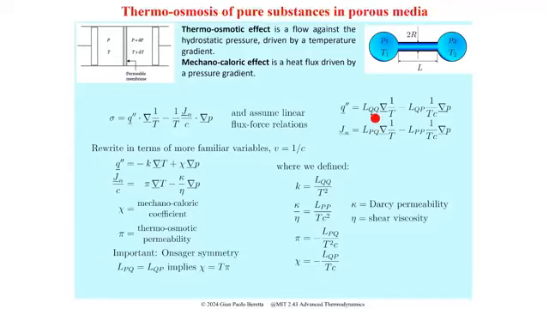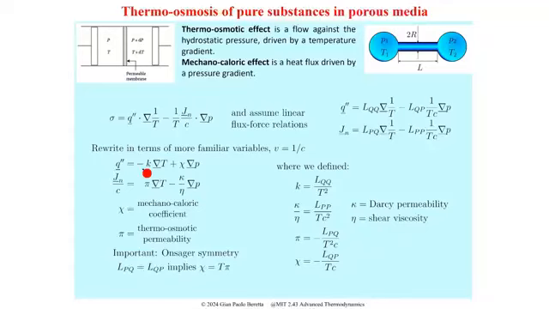Here Q stands for heat and P stands for pressure, of course. And so now at this level I can apply Onsager. But then we like to work with more familiar variables, which in this case are the volumetric flow rate, the gradient in pressure, which is already there, and the gradient in temperature instead of the inverse temperature.